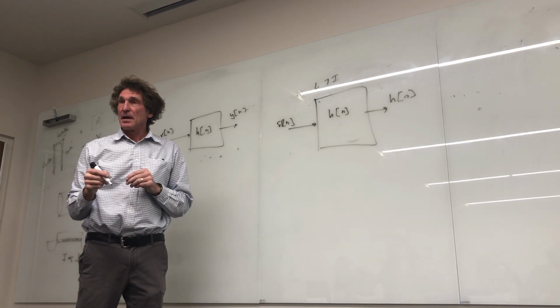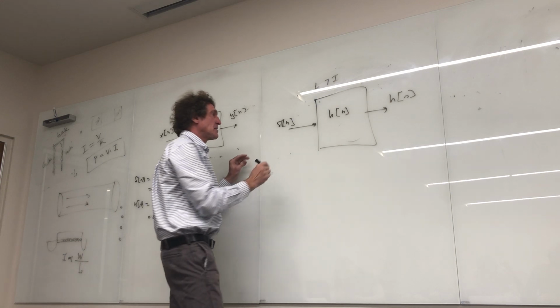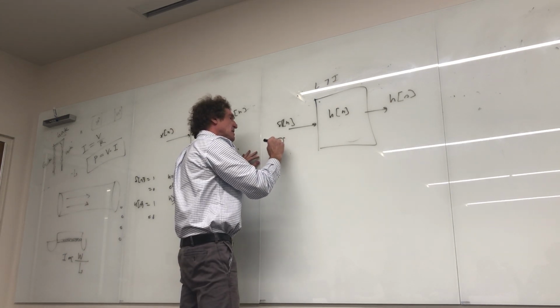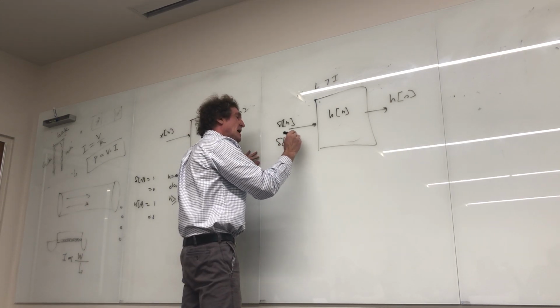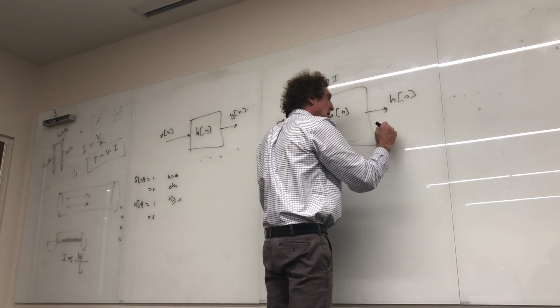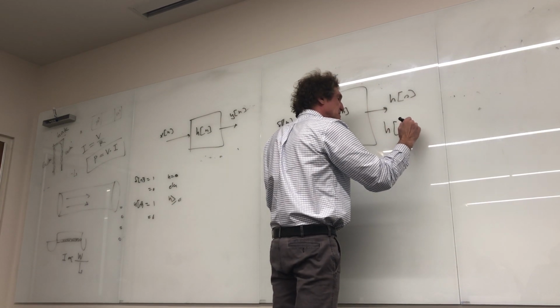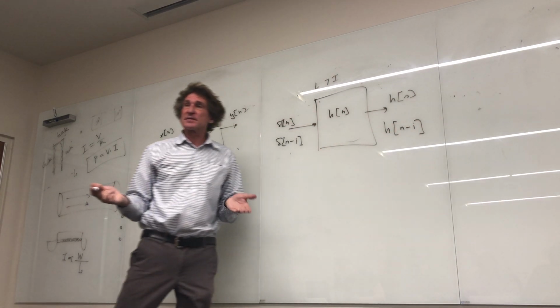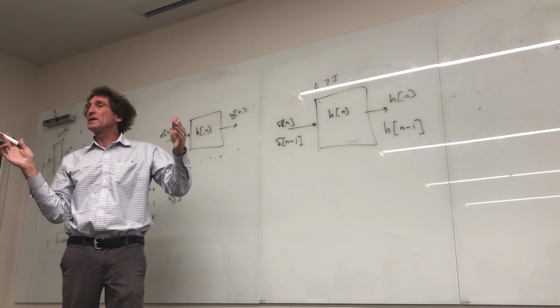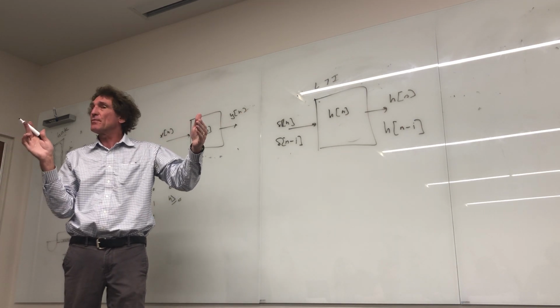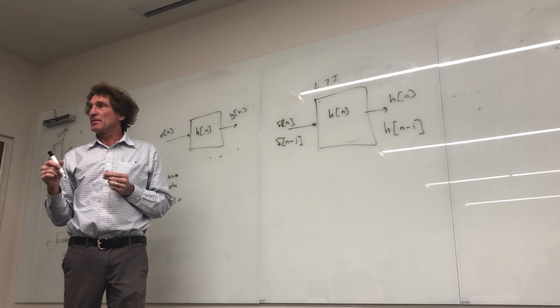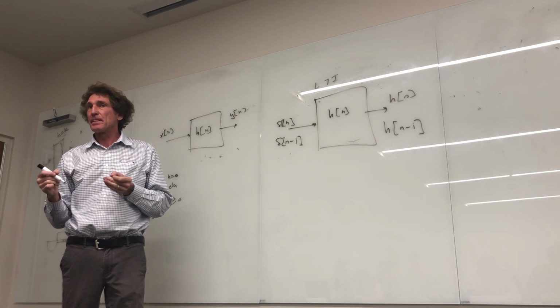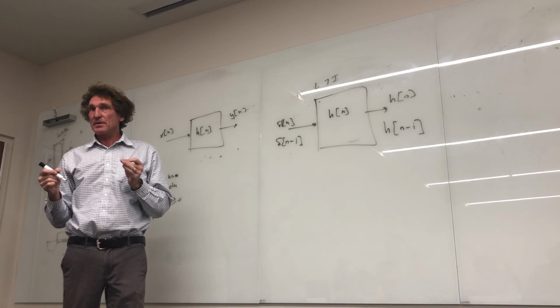Now, when I put in delta of n minus I, I get h of n minus I. Makes sense. That's time invariant. You shift over the input by something, 1, 2, 3, 4. You shift over the output that same amount. Does that make sense to everybody? It should be obvious.